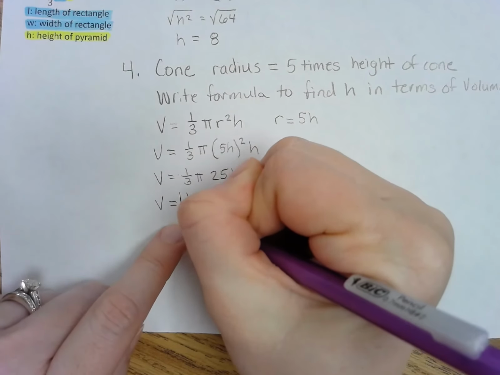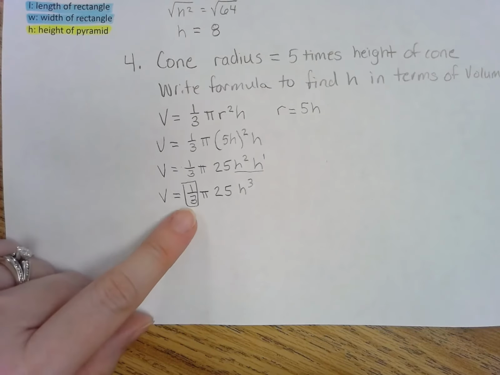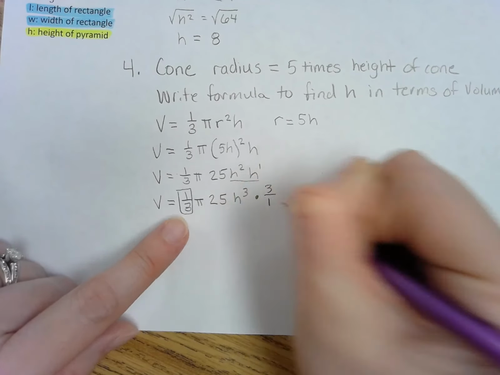In order to move this fraction to the other side, it is being multiplied, so you could divide by 1/3. However, the proper way to divide fractions is to multiply by the reciprocal, which means flipping it over. So we're going to multiply both sides by 3/1, or just 3.